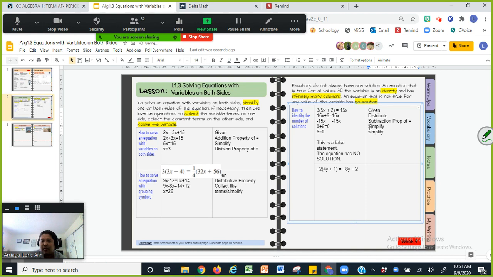All right. Next year, you guys are going to go to geometry, and you will be creating two-column proofs like this. Okay, so the equation has no solution. But what does an equation that has many solutions look like? I'll give you some 10-second wait time just to ask questions if you have any.